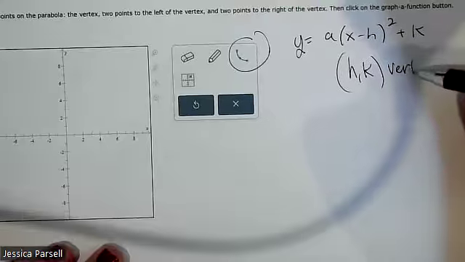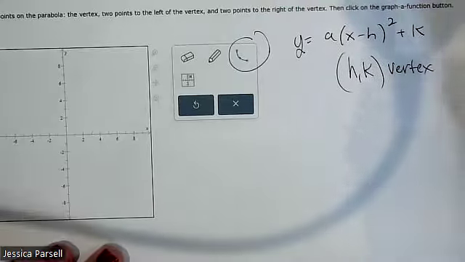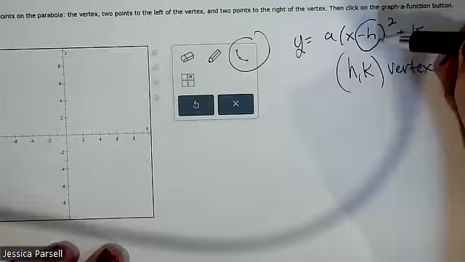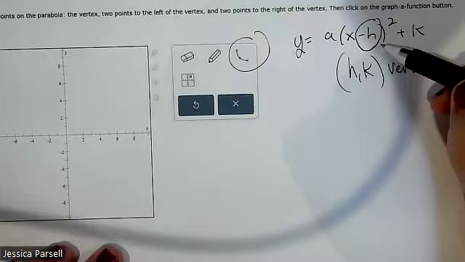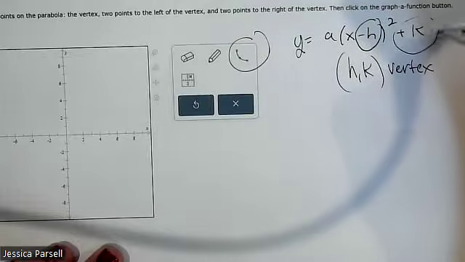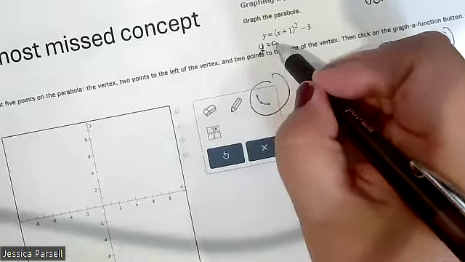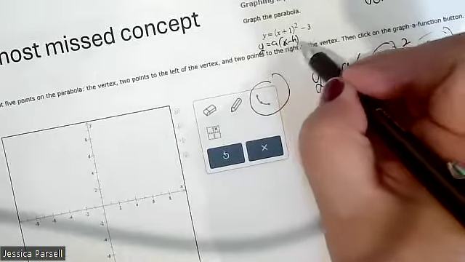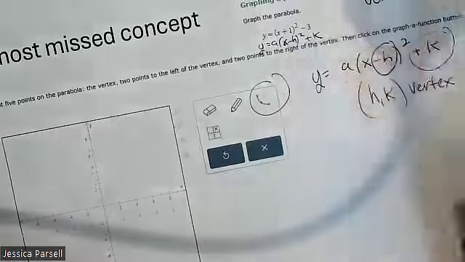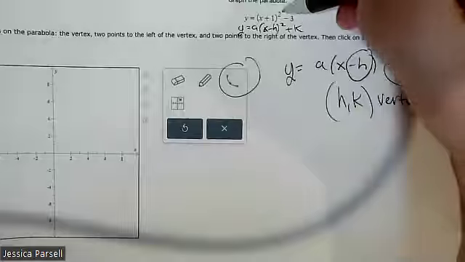That's the vertex. All right, so if we notice, there's a negative sign in this formula. This is just a base formula of vertex form, and a positive sign in front of the k. So if I write the same formula underneath that, I have y equals a(x minus h) squared plus k. So the vertex is right here.